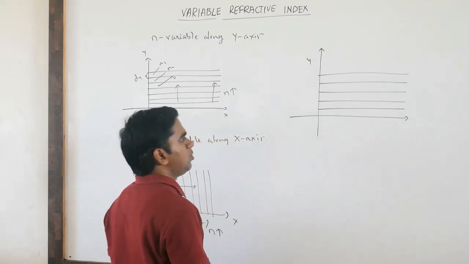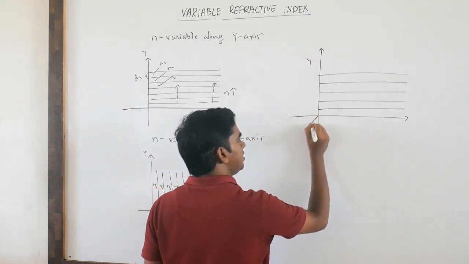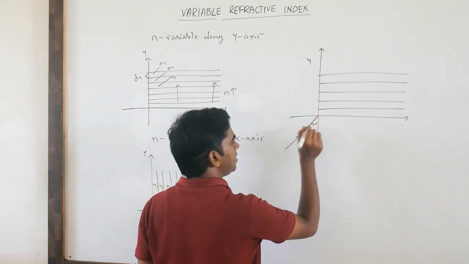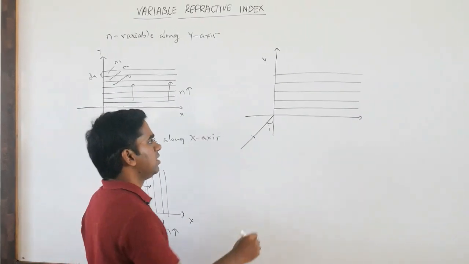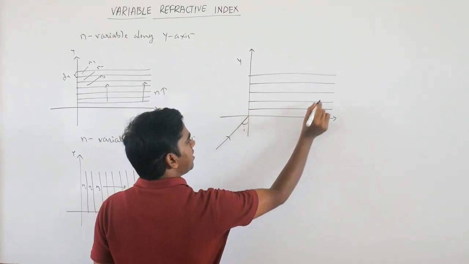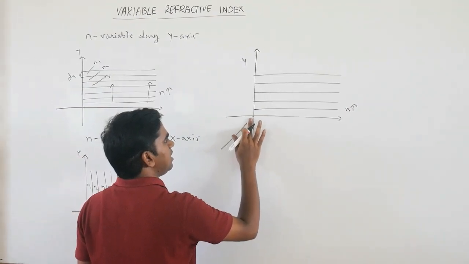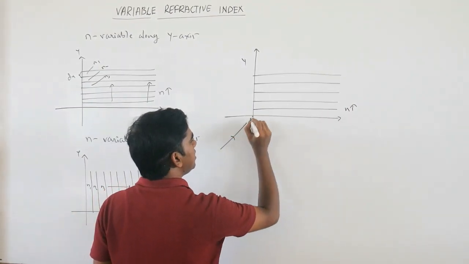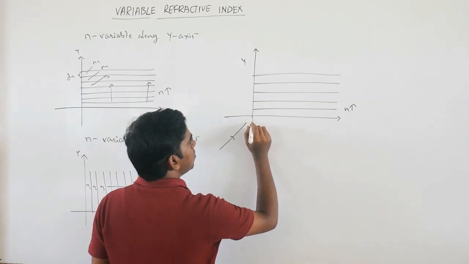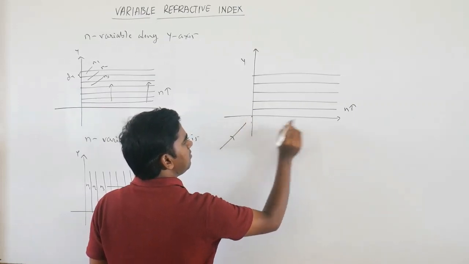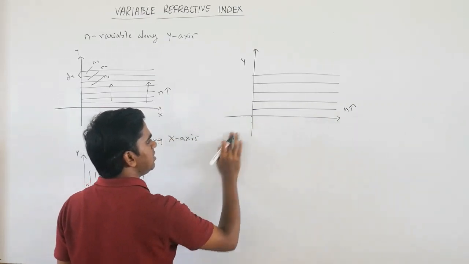Suppose a ray of light is incident here with angle of incidence i. What will happen if the refractive index is increasing, or decreasing? I am taking it as increasing.